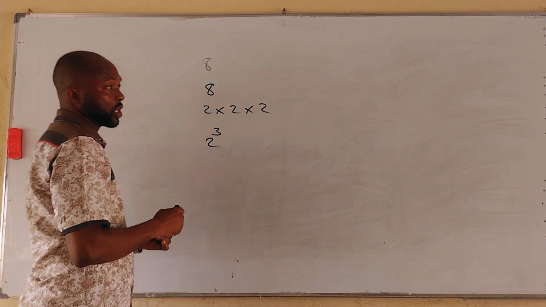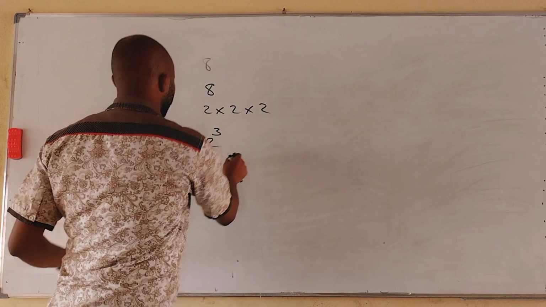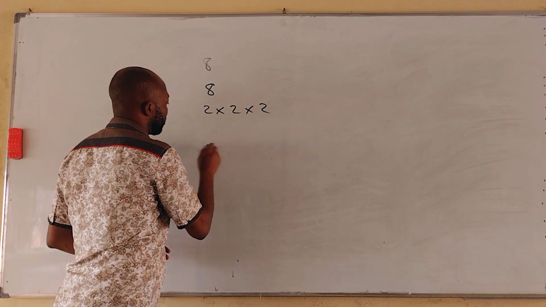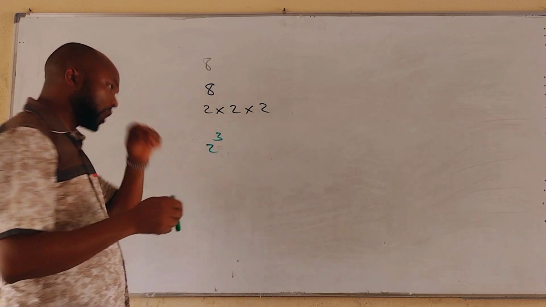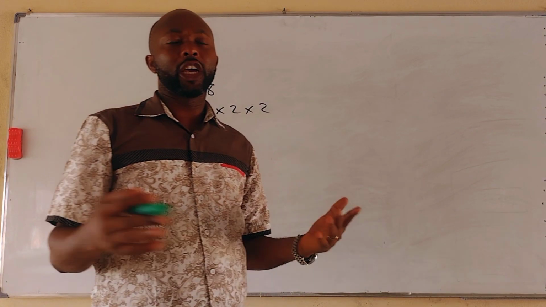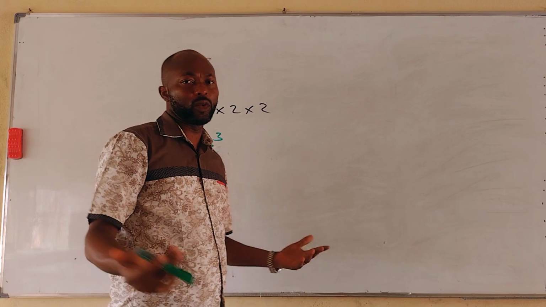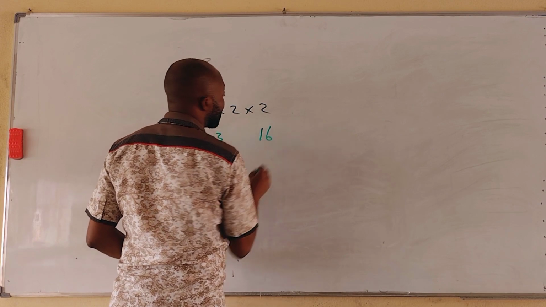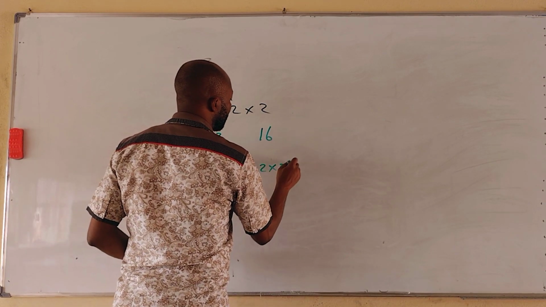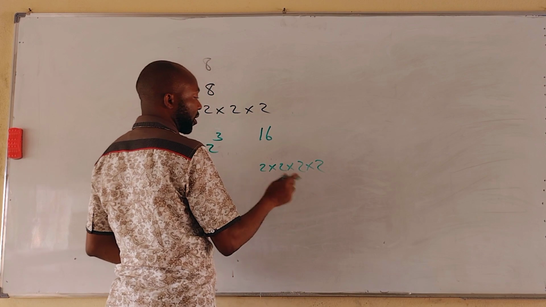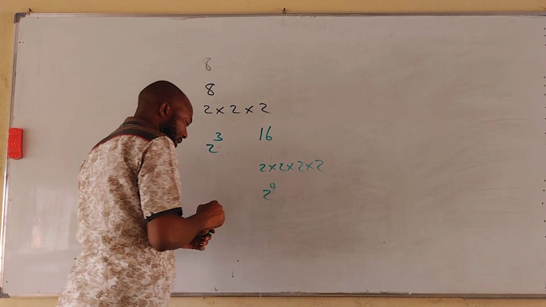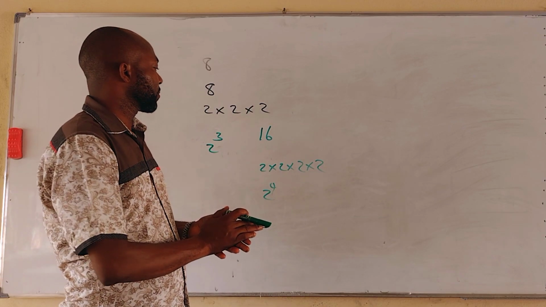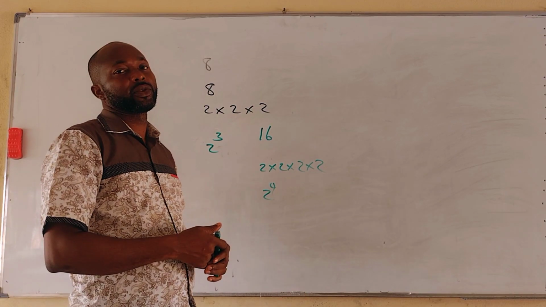It's a method of shortening the product of numbers. Like I showed you earlier, 2 raised to the power 3. So this trend we can use to reduce any number we want to deal with. For example, 16 is the same thing as 2 times 2 times 2 times 2, which is 2 raised to the power 4. And this trend continues, so on and so forth.